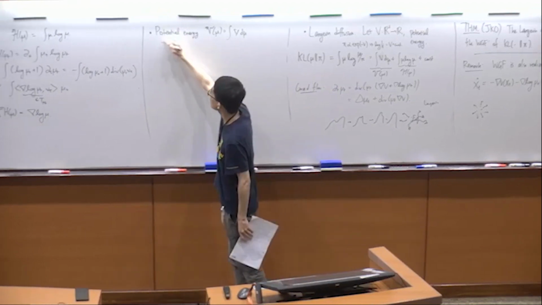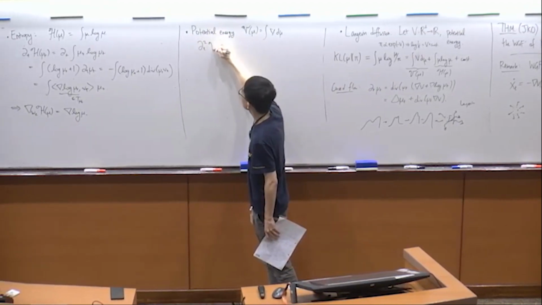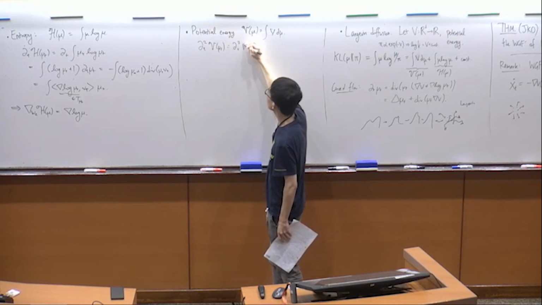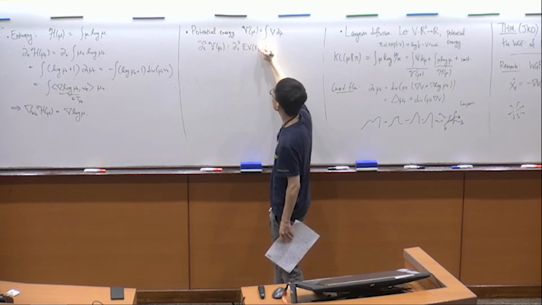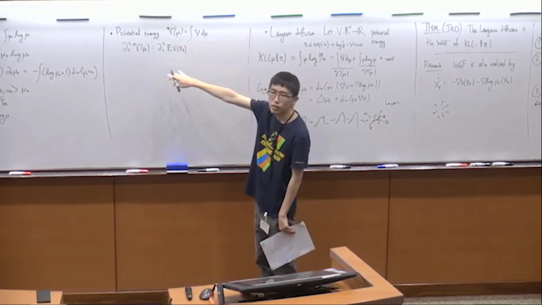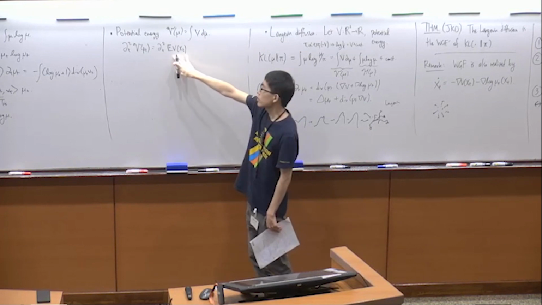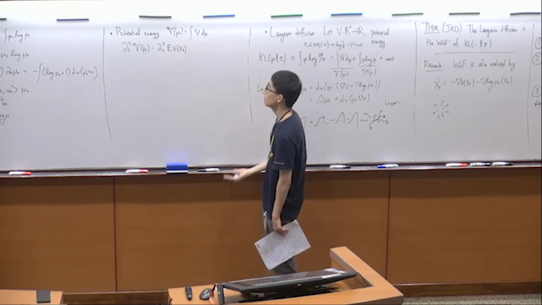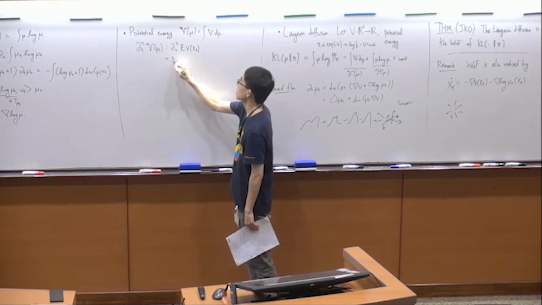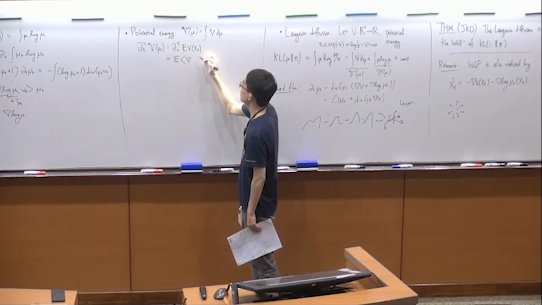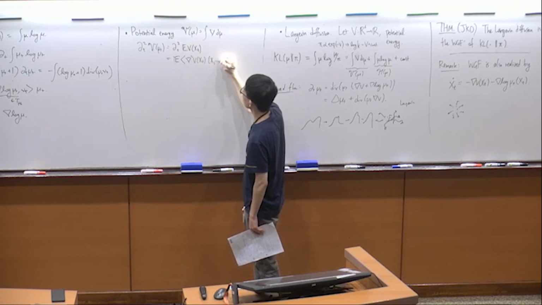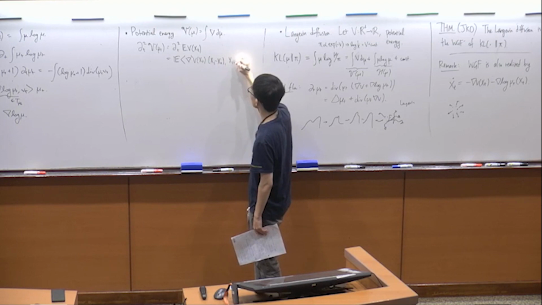This is pretty easy because the potential energy is just the expectation of V at xt, where xt is drawn from mu t. So this computation is really just the Hessian of V in Euclidean space. So this is just the Hessian of V applied to x1 minus x0, x1 minus x0.